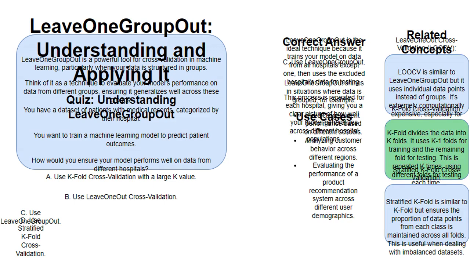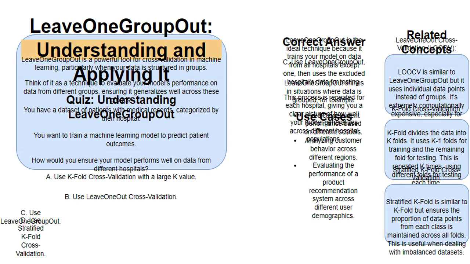K-fold divides the data into K folds. It uses K-1 folds for training and the remaining fold for testing. This is repeated K times, using different folds for testing each time. Predicting customer churn based on historical data, where you want to evaluate the model's performance across different customer segments. 1, 0, 2, 1, 3, 0, 4, 1, 5, 0, 6, 1.